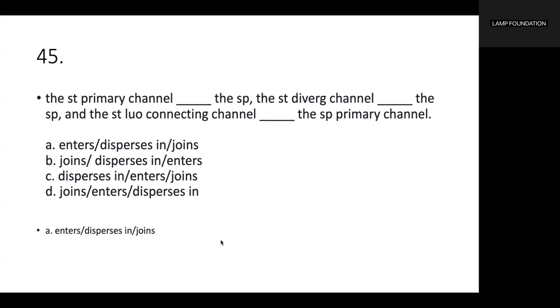The divergent channel disperses in the spleen. And then the stomach luo connecting channel joins the spleen primary channel. That's why it helps with phlegm.